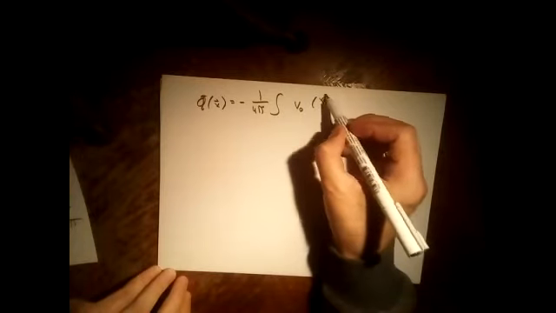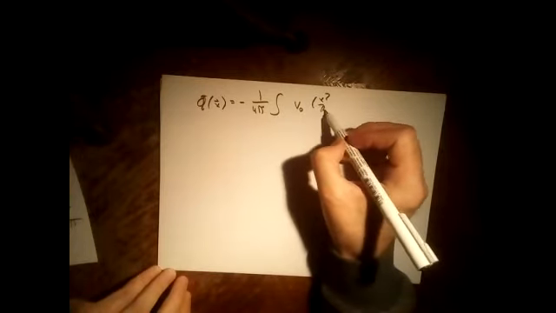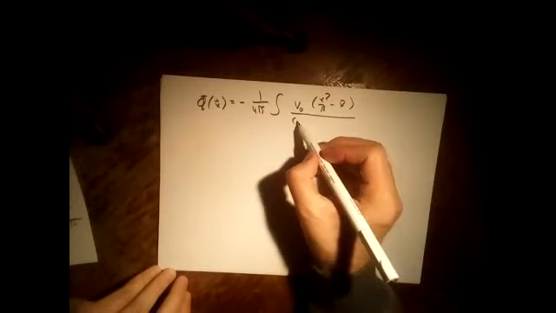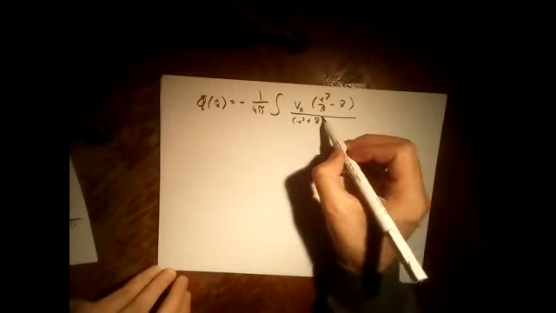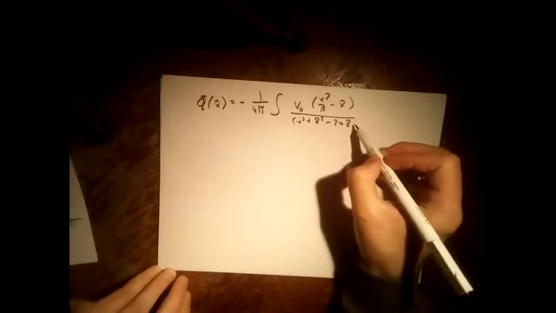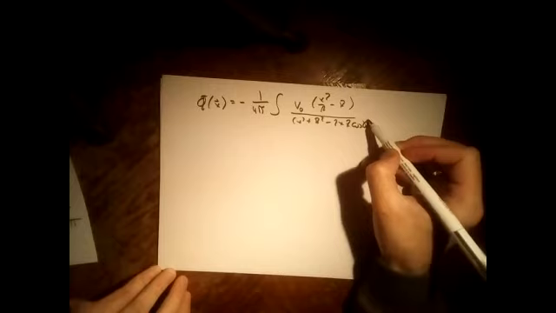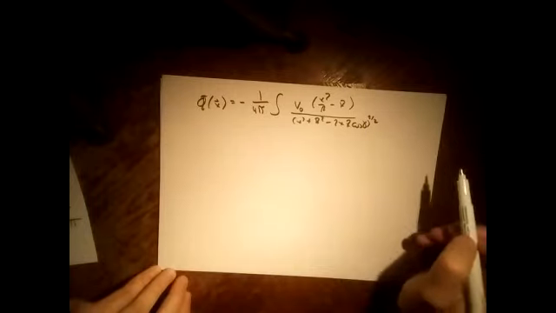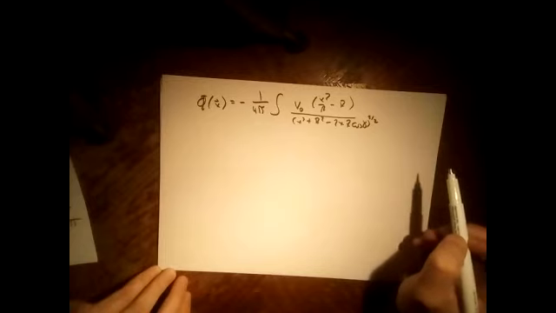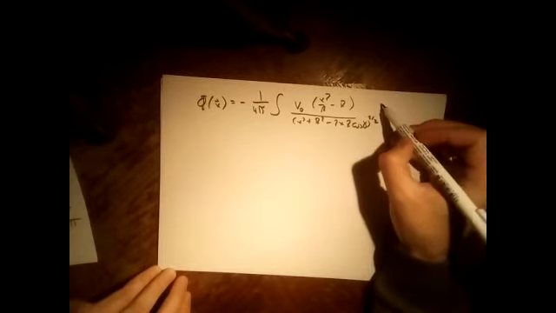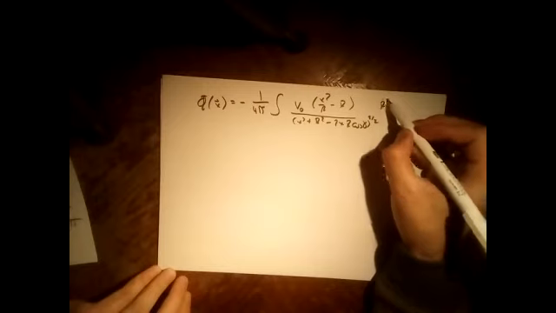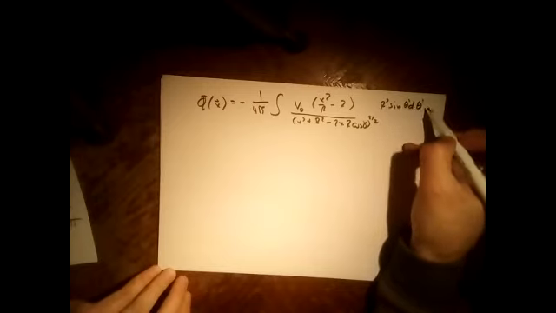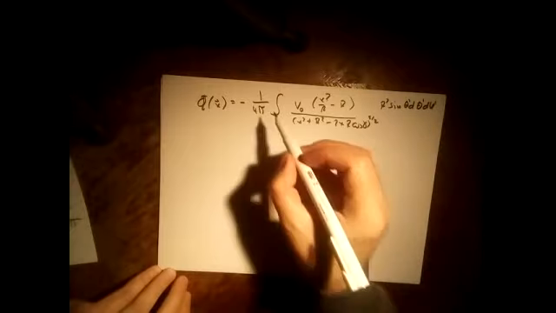So it's x squared over r minus r, and I divide by x squared plus r squared minus 2xr cosine gamma to the 3/2. Now, these are the prime variables. We should keep that in mind. And the area element, of course, is r squared sine theta prime d theta prime d phi prime.